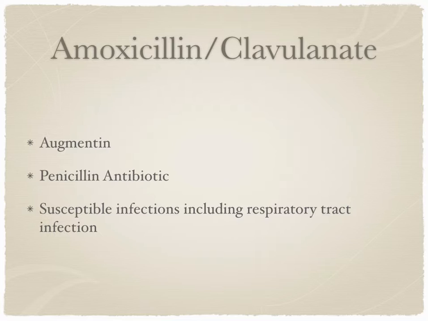Similar to that, clavulanate in this case is a beta lactamase inhibitor. So by combining this clavulanate to amoxicillin, this combination Augmentin has better coverage, and it is efficacious against the bacteria that is resistant just to amoxicillin. So it tries to increase the efficacy of amoxicillin by combining clavulanate.